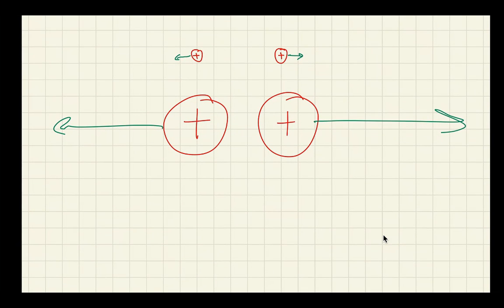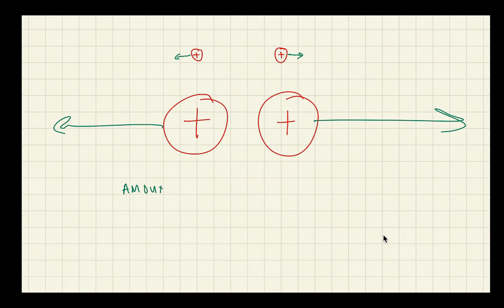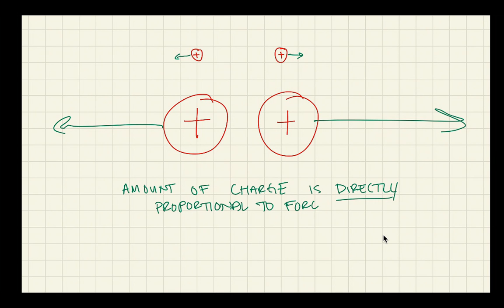What this implies is that how much charge you have is directly proportional to force. In other words, if charge gets bigger, force should also get bigger. If the amount of charge gets smaller, the amount of force should also get smaller. We call this Q. Q is the amount of charge.